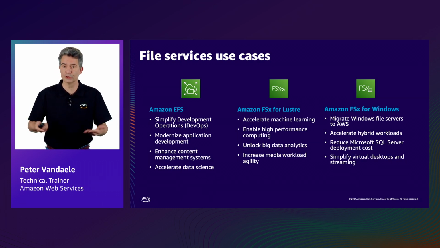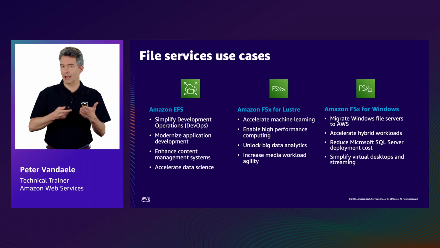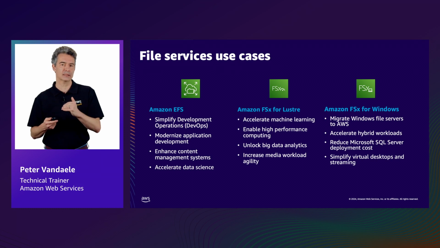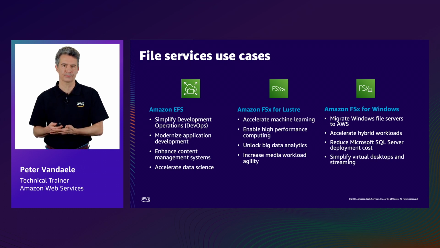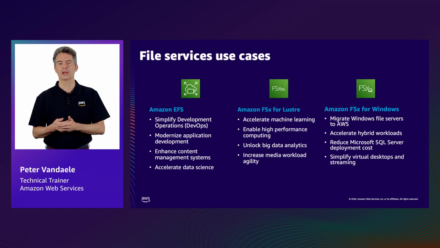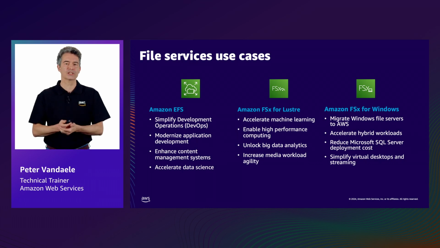It is obviously used for Windows-based workloads. Amazon FSx for Lustre helps in delivering sub-millisecond latencies and high throughput. It can be used for high-speed workloads, such as machine learning, high-performance computing, or HPC, video processing, and financial modeling.